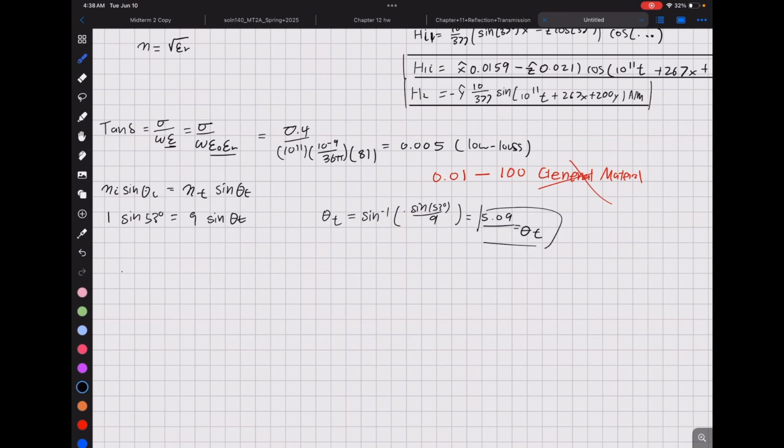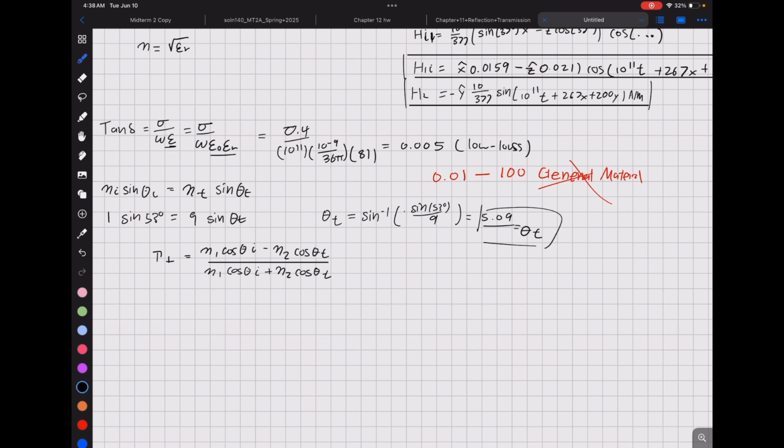Okay, so gamma perpendicular is given as n1 cosine of i minus n2 cosine of t, and on the bottom is going to be the same thing plus n2 cosine of t.